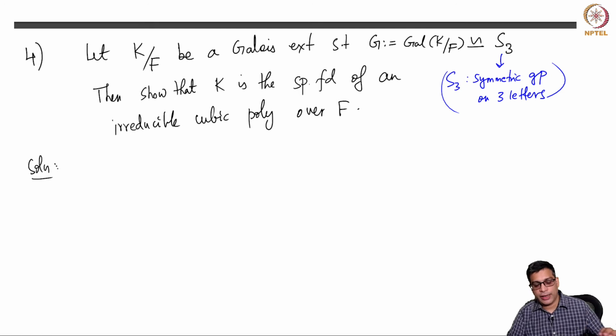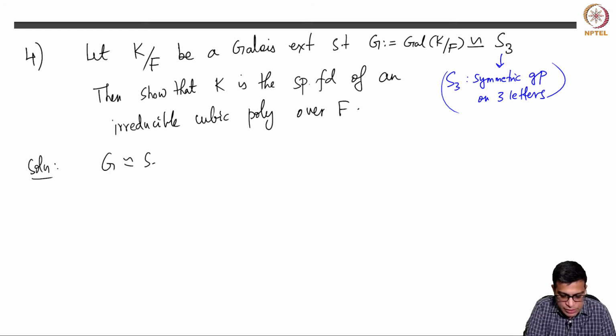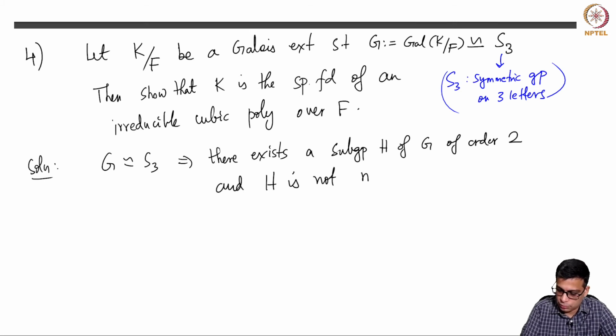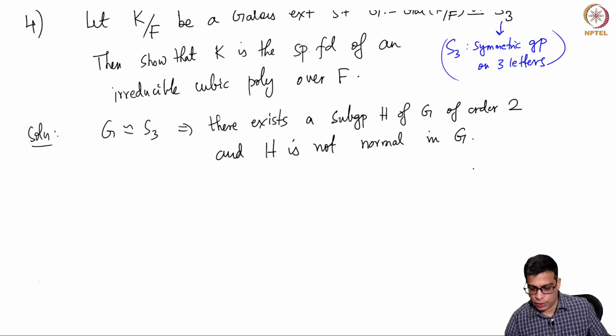So this is a nice statement. In general, every Galois extension whose Galois group is S3 must be the splitting field of an irreducible cubic polynomial. Okay, so let's see why this is the case. Because G is isomorphic to S3, the first point is there exists a subgroup H of G of order 2 and H is not normal in G. This is a feature of S3.